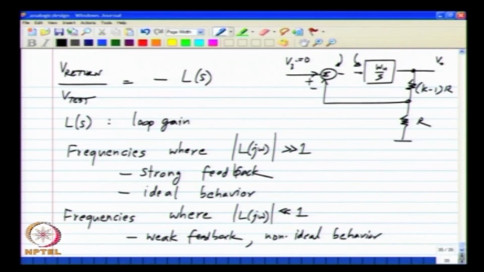Okay. So, what separates these two regions is the unity loop gain frequency. Okay. The unity loop gain frequency is where the magnitude of the loop gain, magnitude of L of j omega, becomes equal to 1.